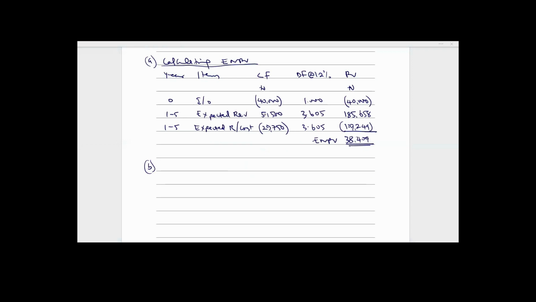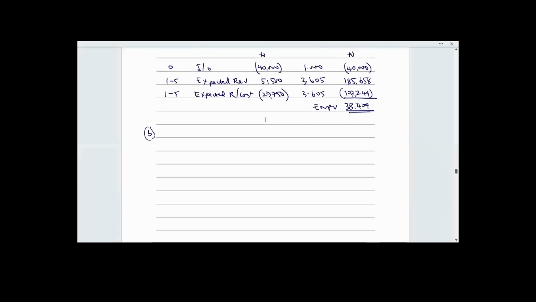On the basis of the simulation result, what is the expected NPV? The first thing is to simulate for each of the variables. In this case, we have two variables, revenue and running cost.